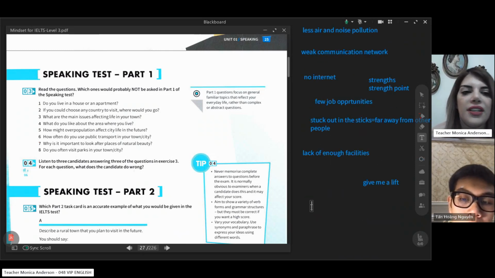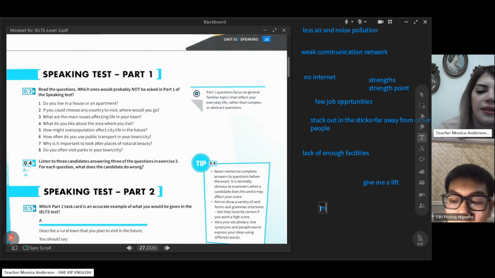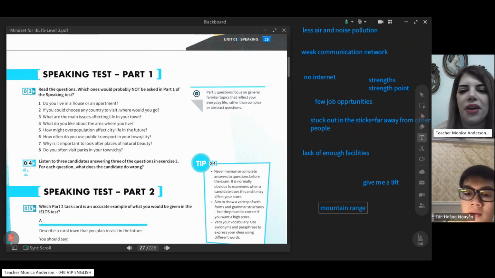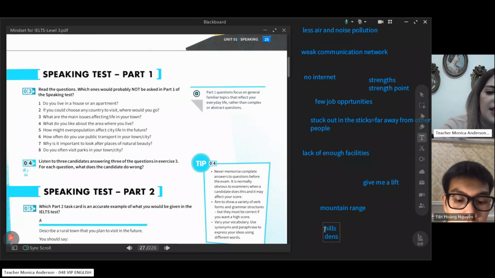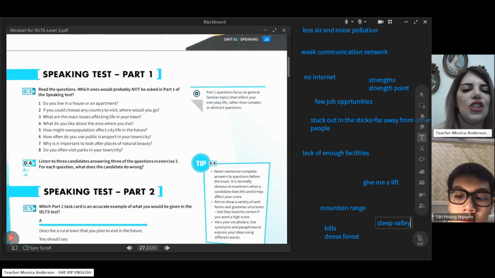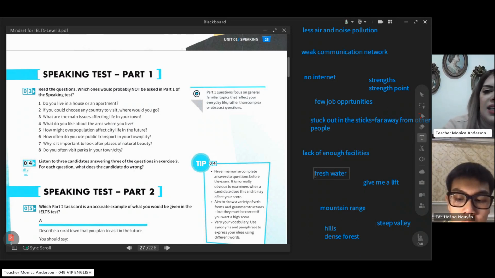Some words, for example, the first word, mountain range, maybe a group of mountains or hills, or dense forests, or steep valleys. Freshwater lakes.